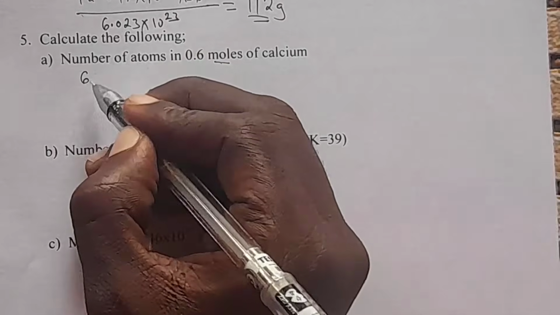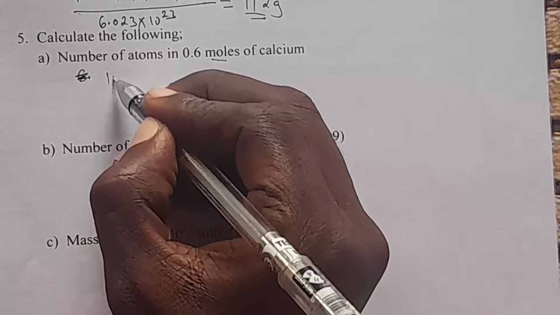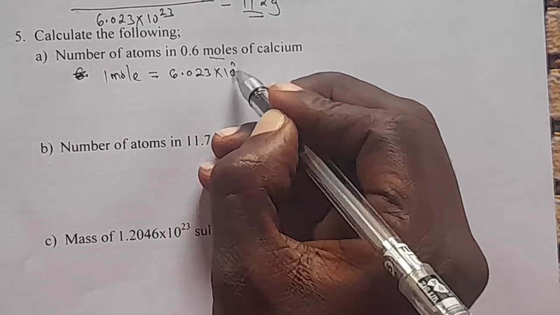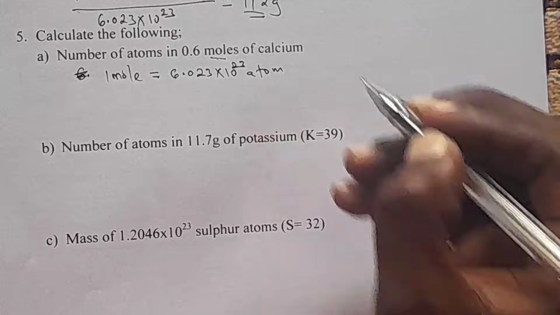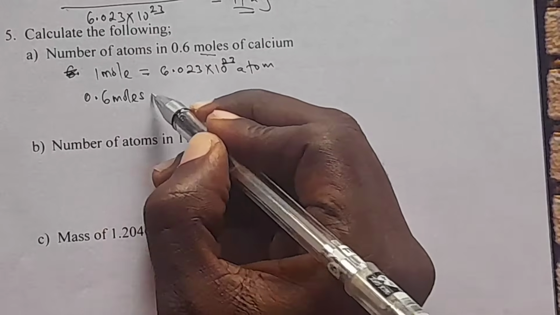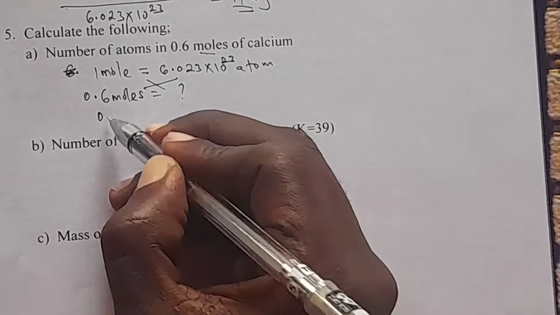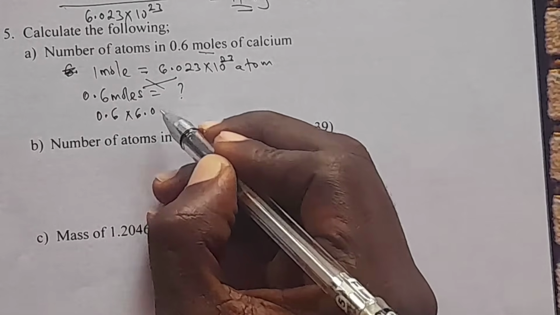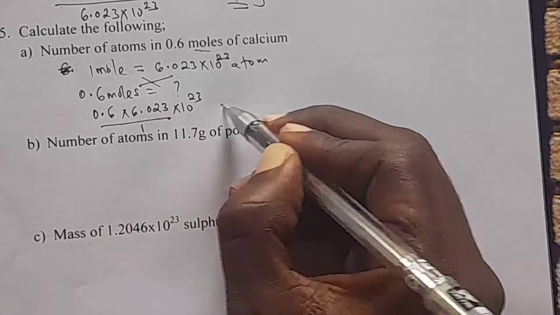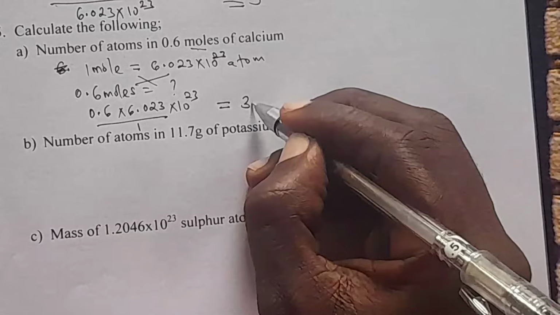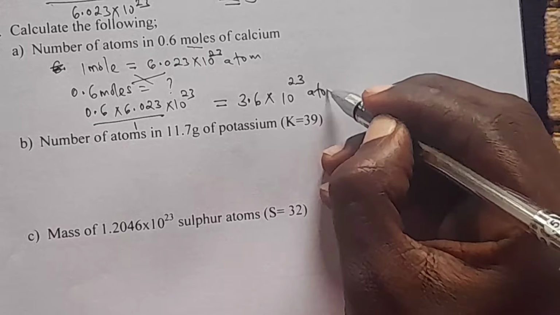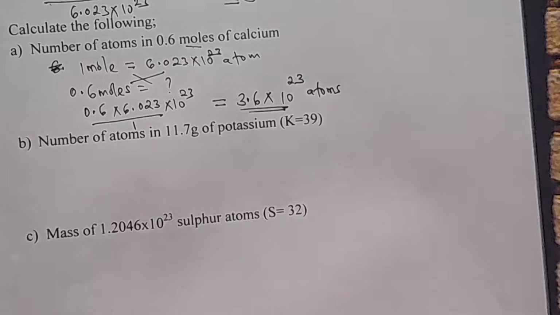So we're saying 1 mole is equal to 6.023 times 10 power 23 atoms. So what about 0.3 moles? Cross multiply. I'm going to get 0.6 times 6.023 times 10 power 23 divided by 1. So here I'm going to get 3.6 times 10 power 23 number of atoms.